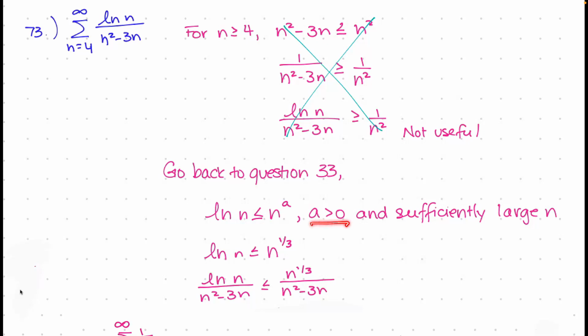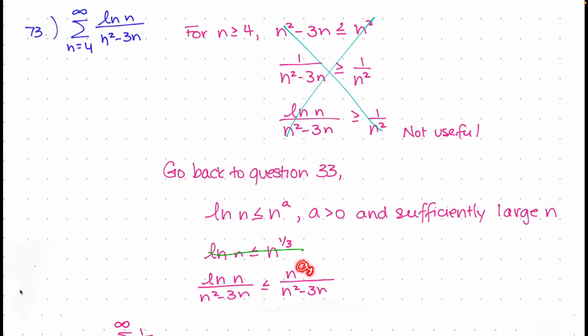I'm not showing my work of how I got here, but I'm basically going through the same exact thing that I did with number 33, except imagine this is A. So that's still an A. All I need to do to make this guy look like this guy is put the denominator on. So putting the denominator on, I get this. But again, imagine this is still an A. And then you can make an inequality.